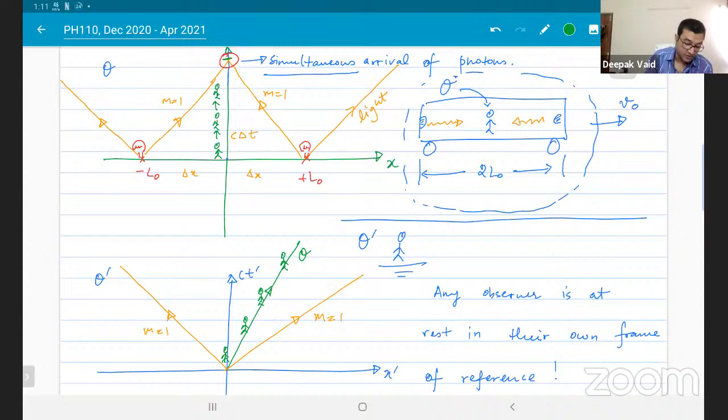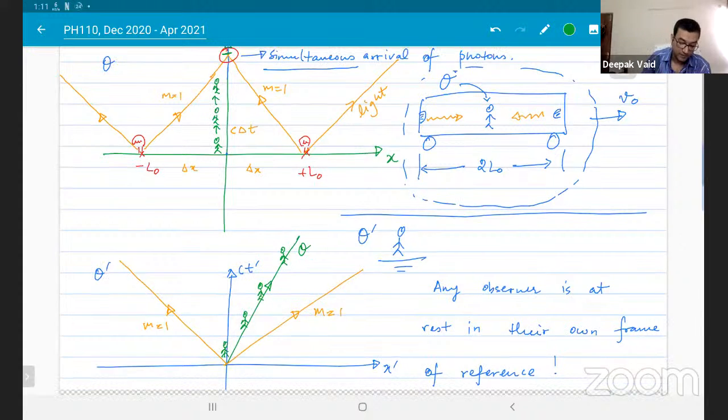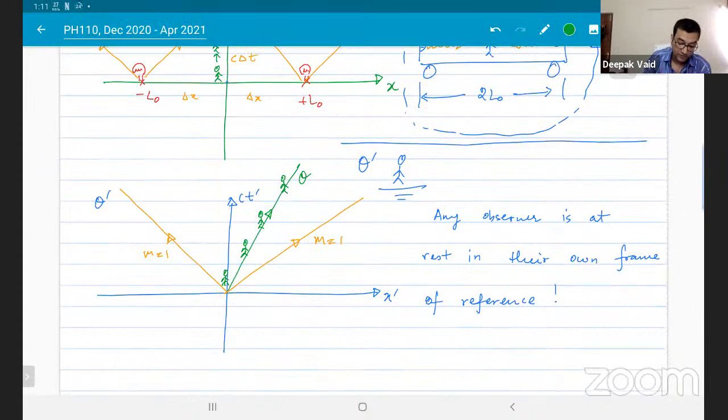Right. So this is the constant position axis. This is the time axis of O, and this is also the time axis of O as seen by O prime. So what is this? This is CT, right? This is the time axis of O as seen by O prime.